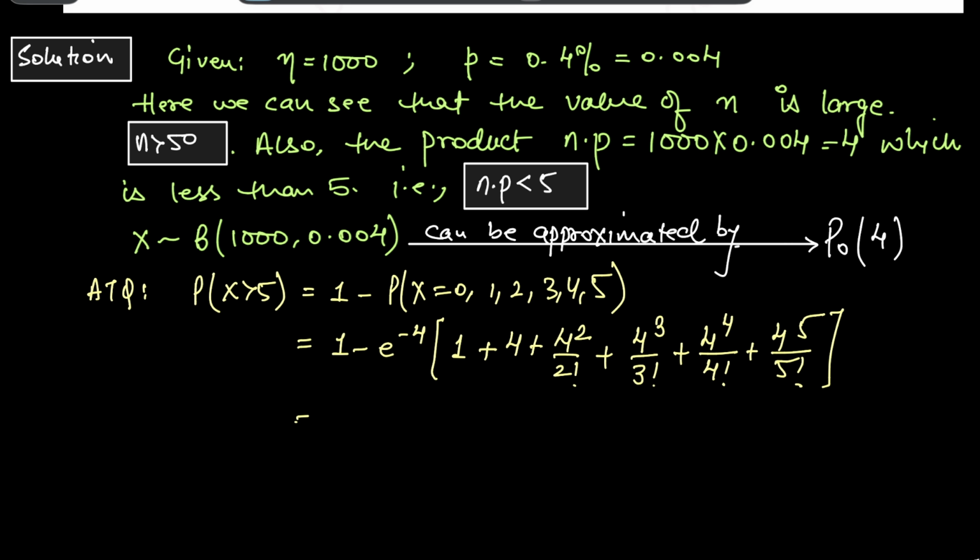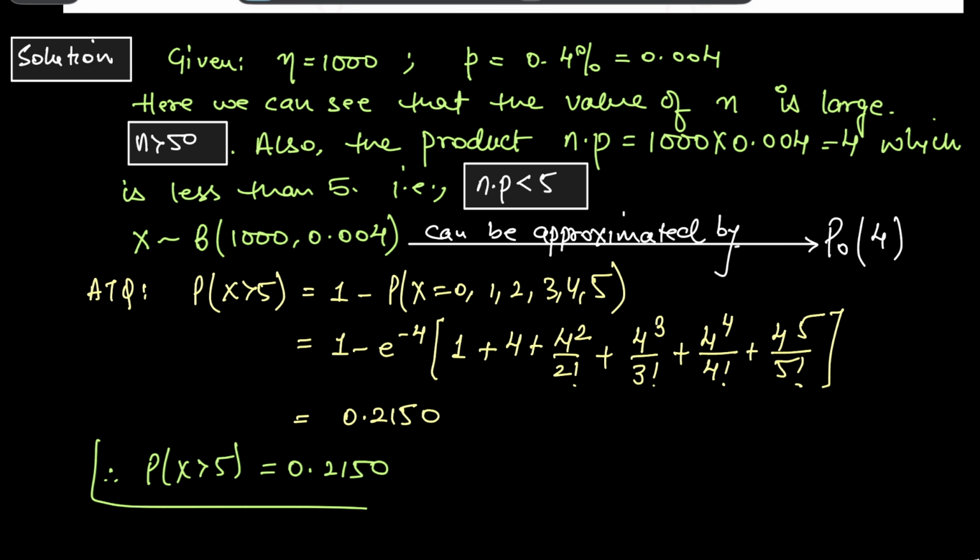So let's finally calculate the given expression, and when we solve we get 0.2150. So therefore the probability of x greater than 5 for the given question is 0.2150.